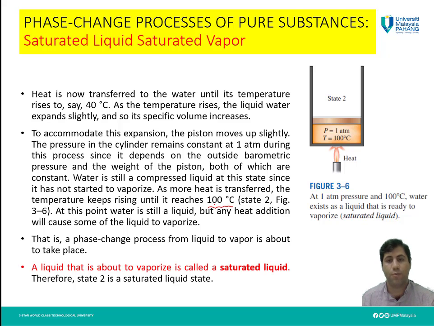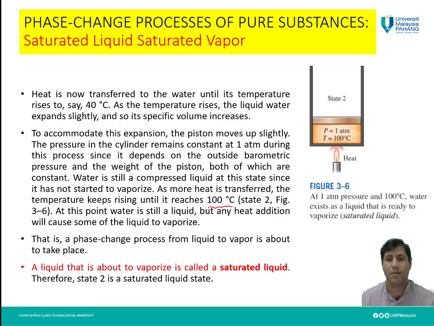Then when the temperature of the water reaches 100 degrees Celsius, the temperature will not change any more. Only the thermal energy which is absorbed will cause the phase change for the substance, which is water here.